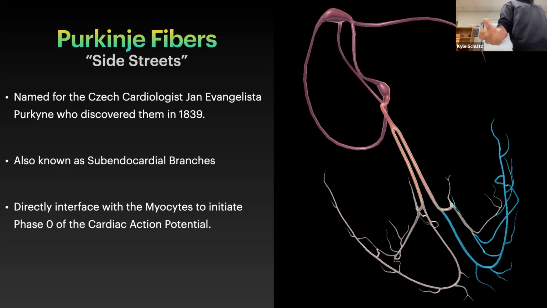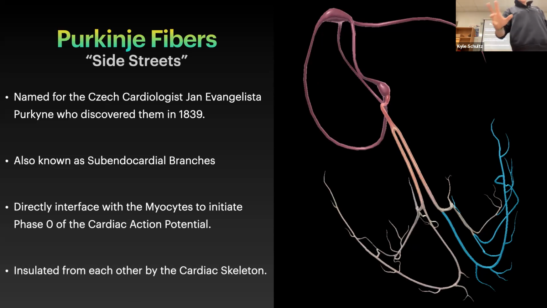So yeah, the Purkinje fibers are what are going to interface with the myocytes to get them to start phase 0. This is kind of cool too, that the Purkinje fibers are insulated from each other by what's called the cardiac skeleton.